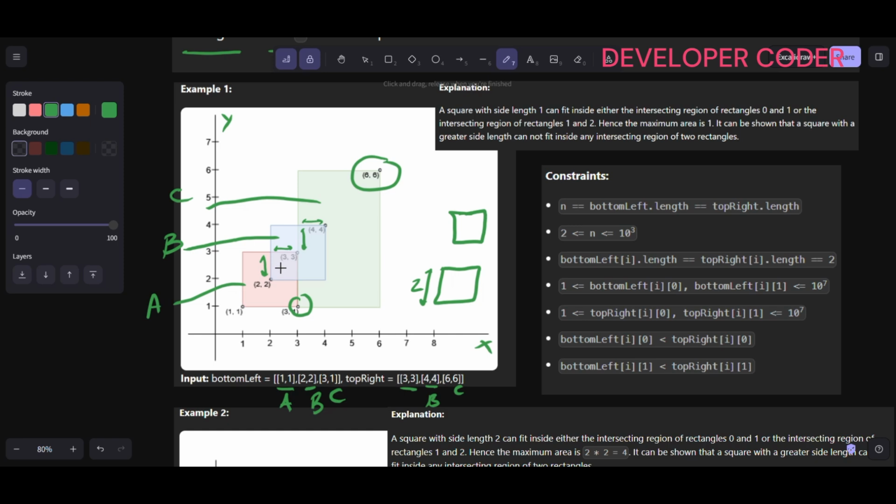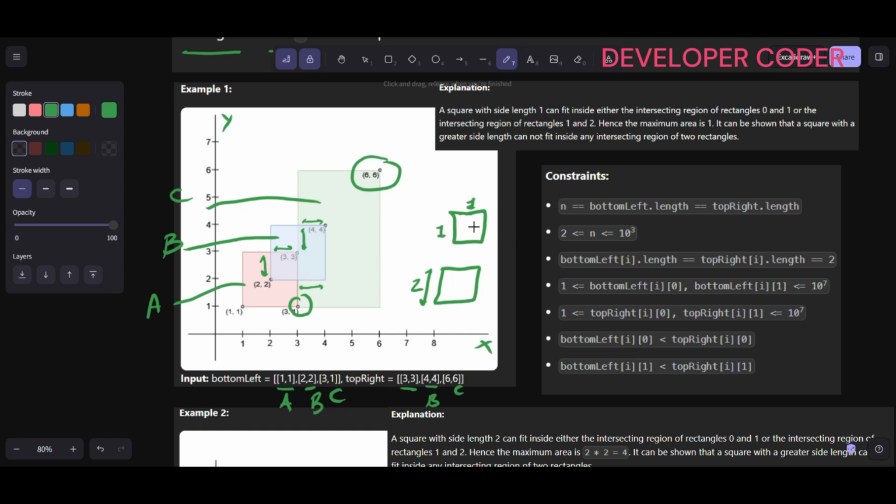Here I can't fit between red and blue. Can I fit in red and green? No, because here max length is only 1 from 3 to 4. So only a square of side length 1 I can easily fit.